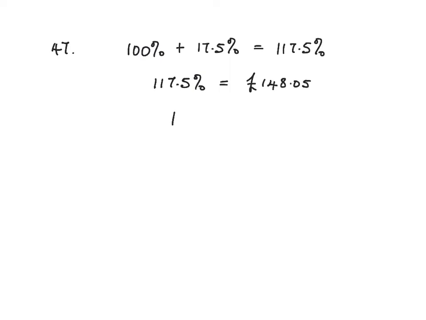So what we want to do is to get 1%, we'll divide both sides by 117.5. 1% is £1.26. If I now multiply by 100, I get 100% equals £126.